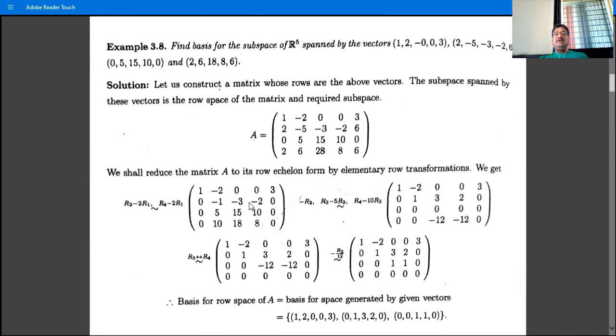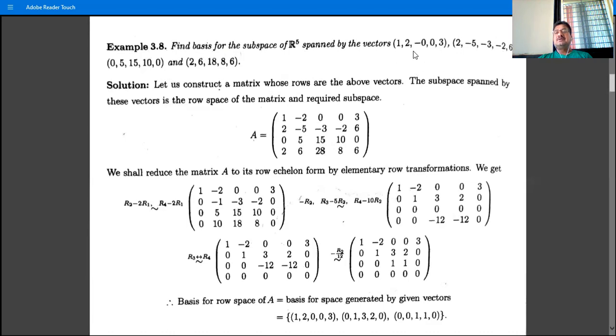Find the basis for the subspace of R^5 spanned by these 4 vectors. The subspace spanned by these vectors is nothing but the row space of the matrix A. Take the first vector as the first row, the second vector as the second row, the third vector as the third row, and this as the fourth row, and form the matrix, say A. Now we have to find the basis for the subspace of R^5 spanned by these four vectors.